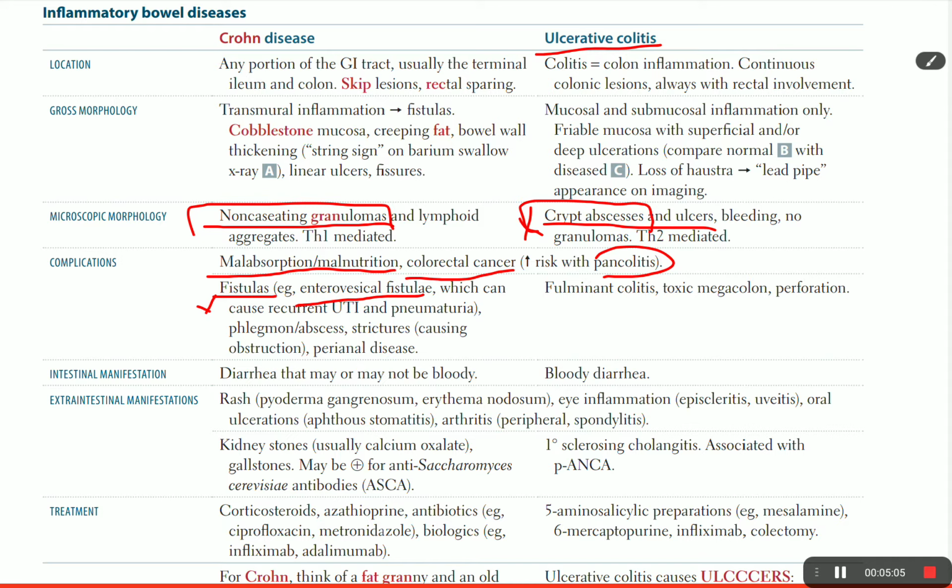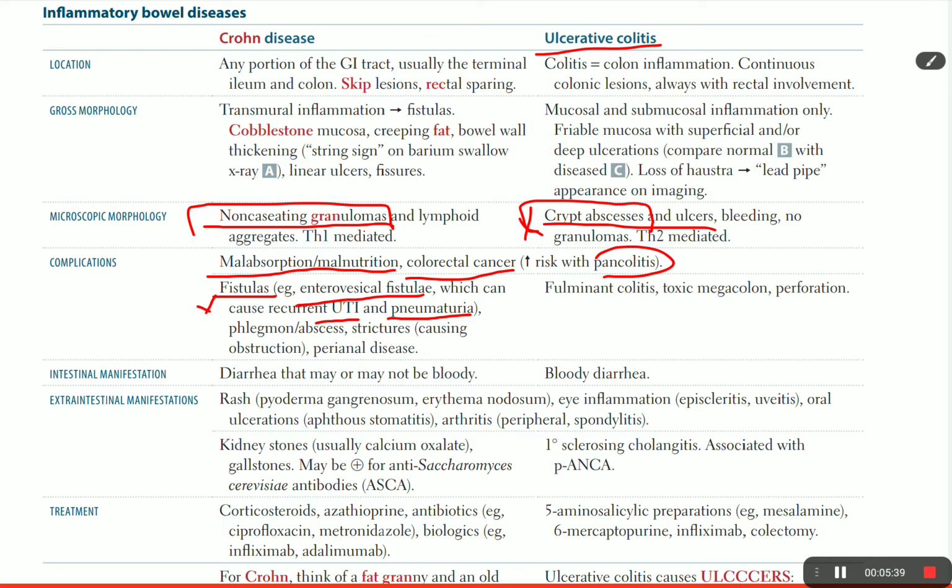This can cause recurrent UTI because the GIT content will appear in the urinary bladder with its bacteria, normal flora, and so on. Also, we have hematuria, because the GIT has air in it, so the air may get through this fistula and present in the urinary bladder, thus causing hematuria.